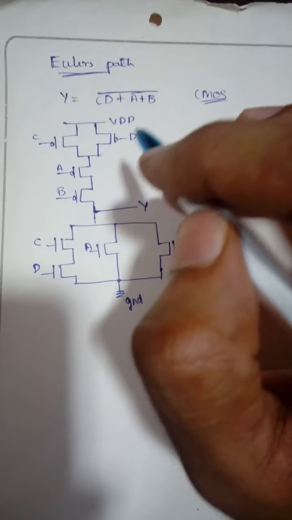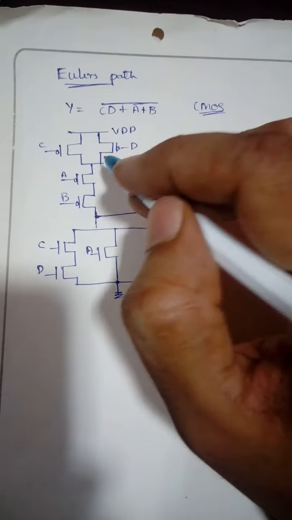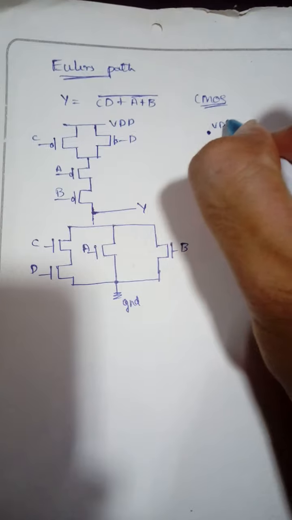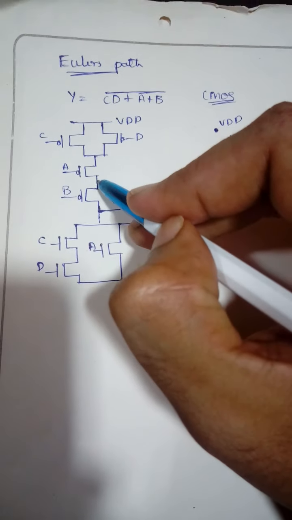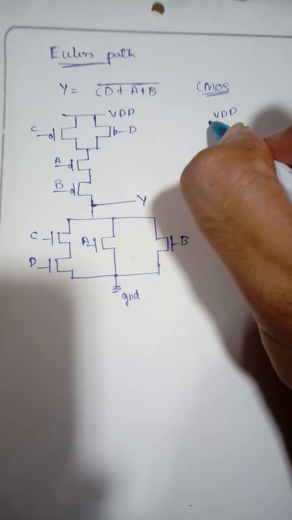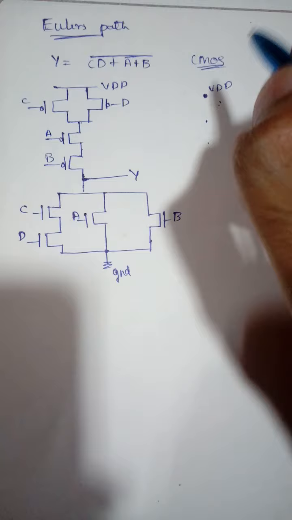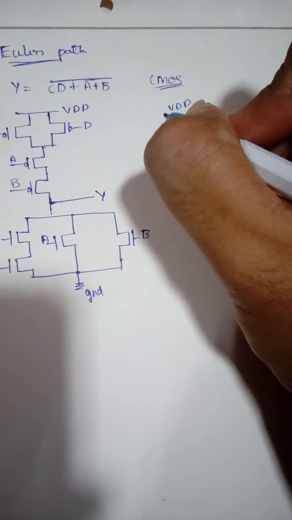It means that path should not cross over and only in a unidirectional, right? Now if we consider this node as VDD, how many nodes are there? There is one node here, one here, one here, and one here, right? Okay, just forget the nodes. Let us concentrate on the paths, right?